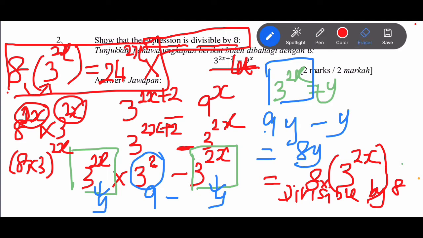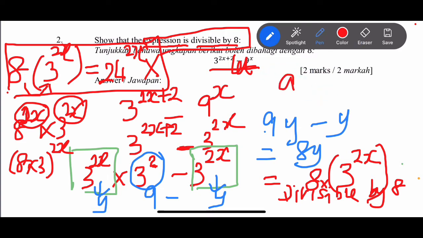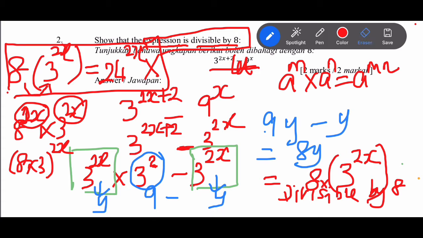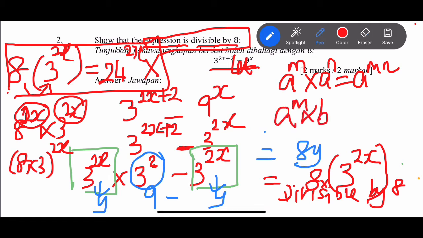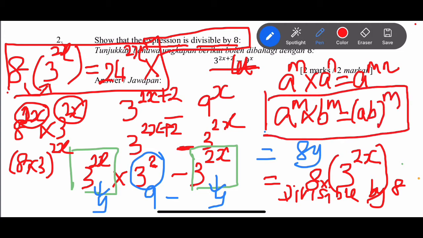Alright, so if 8 is having power 2x and 3 also having power 2x, then you can multiply 8 times 3 to become 24 power 2x. So you must actually get used to the index law. Okay, there is a law that says a power m times b power m equals ab power m. They are having different bases but the same power.